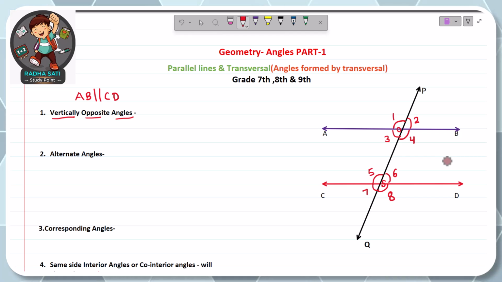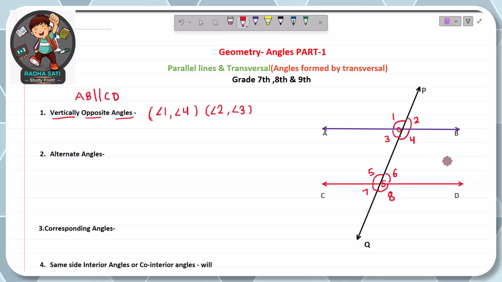Okay, so let's write the pair of these angles. This means angle 1 and angle 4. Angle 1 and angle 4 is the first pair of vertically opposite angles. So these two angles will always be equal, and angle 2 will be equal to angle 3. So this is another pair of vertically opposite angles.